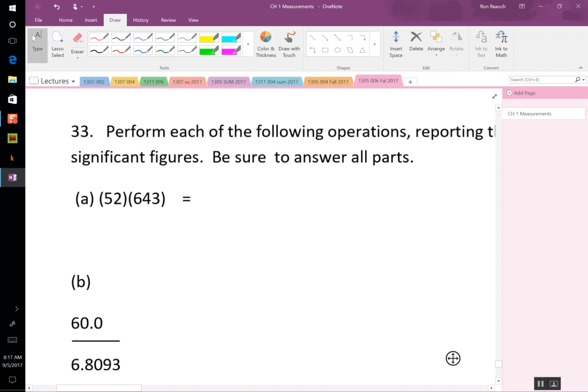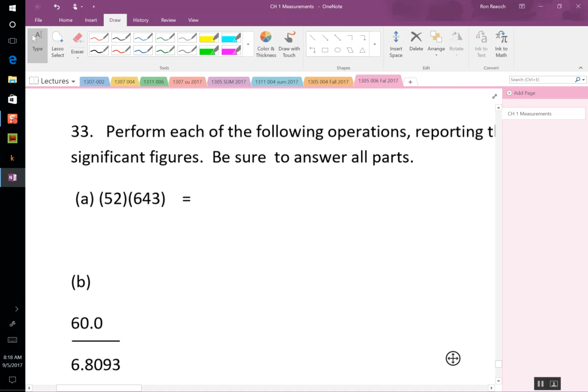The number that has the least number of significant figures dictates the number of significant figures in the answer. That's for multiplication and division, and even if you are doing multiplication and division in the same problem, all you need to do is look for the number with the least number of significant figures.